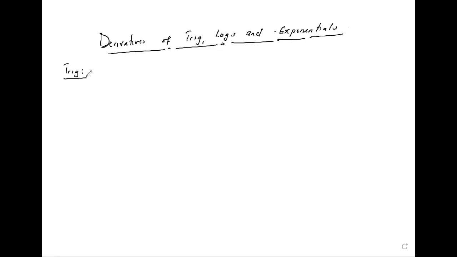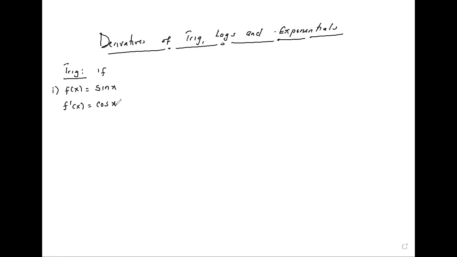So if f of x is equal to the function sine x, then the derivative is going to be cosine of x.